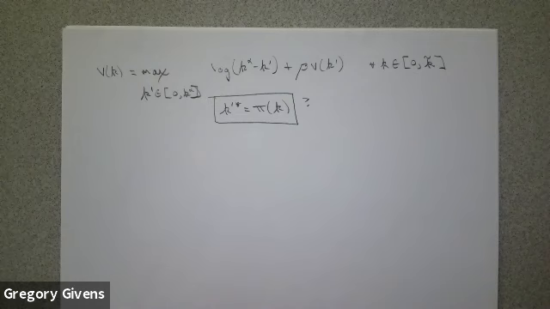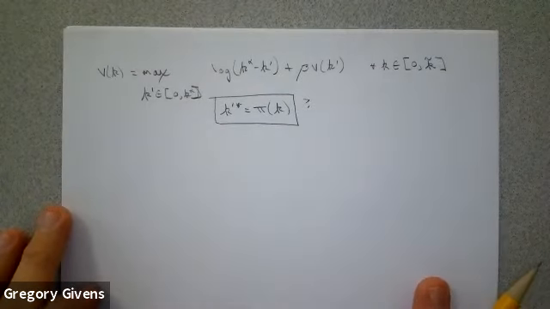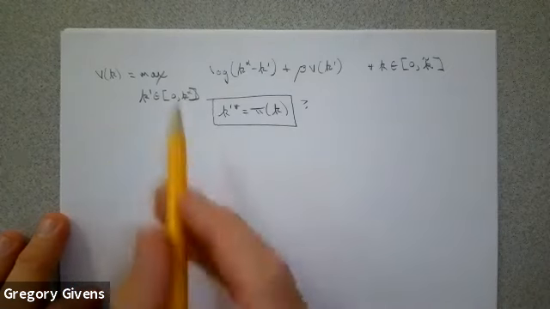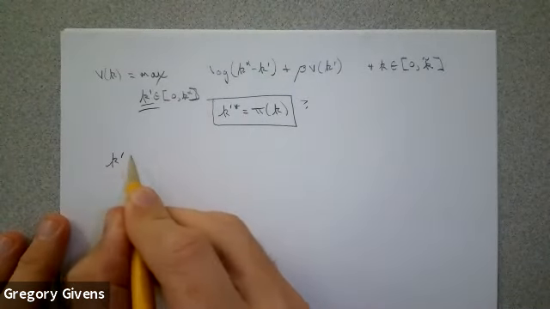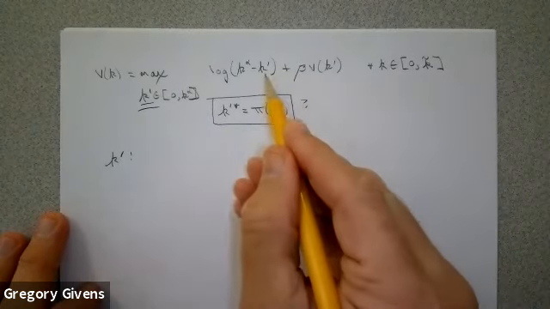All right, so how do we do that? Well, like any maximization problem, we want to evaluate the first order condition. That's where we start. So what is the first order condition here? We want to take the derivative with respect to the control, k prime. Where does k prime show up in the maximization problem?